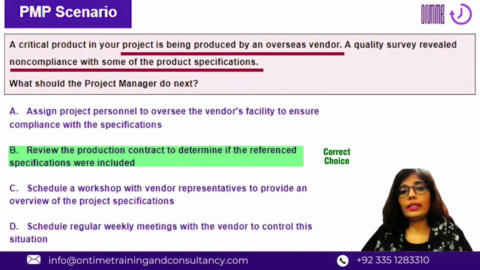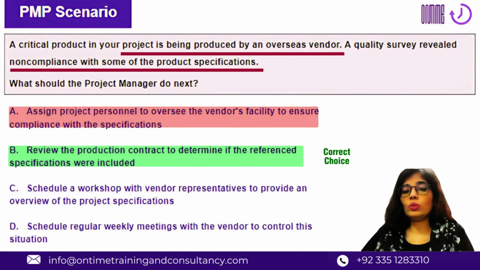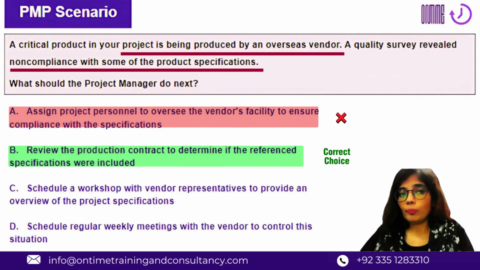Now, let's check why A, C, and D are not the appropriate choices in this situation. A says, assign the project personnel to oversee the vendor's facility to ensure compliance with the specification. A is a wrong choice because the question is asking about the immediate next step, and A is not the immediate next step.